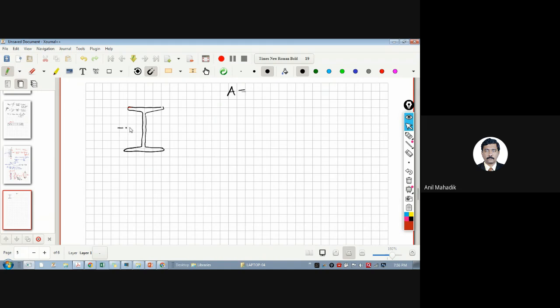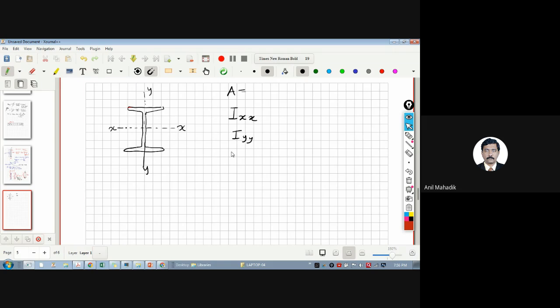Then we generally find out the properties along two axes of the member. Let's say this is your x axis, this is your y axis. So there will be two values of moment of inertia, Ixx and Iyy, right?